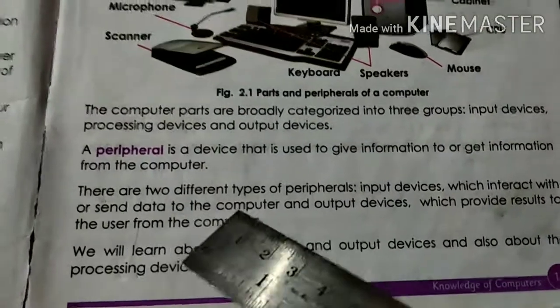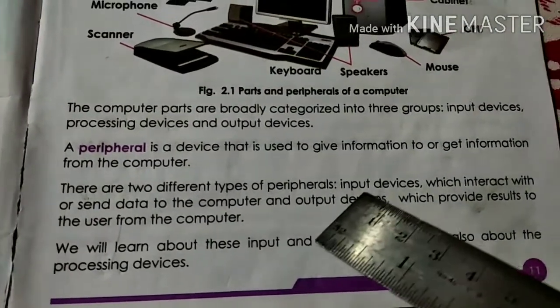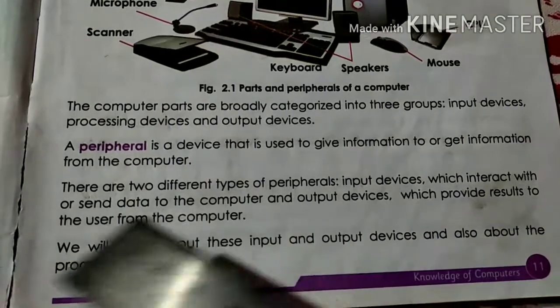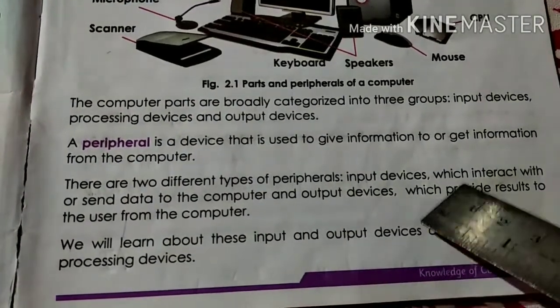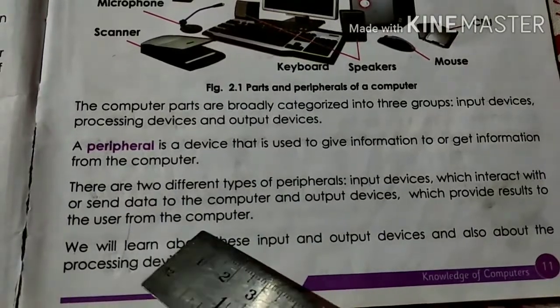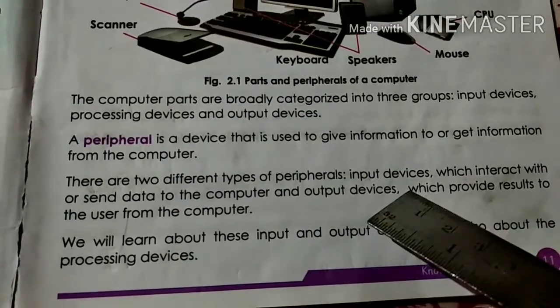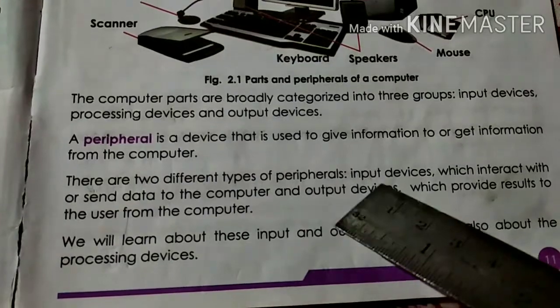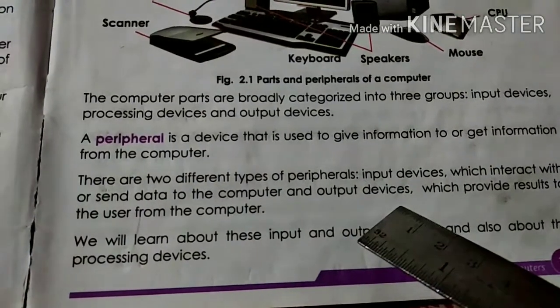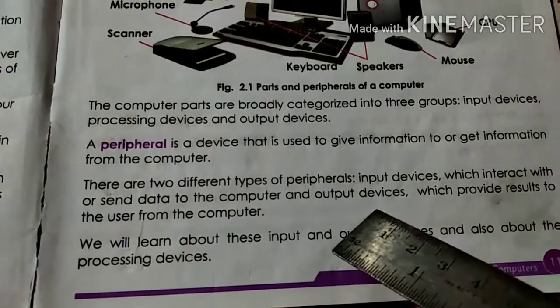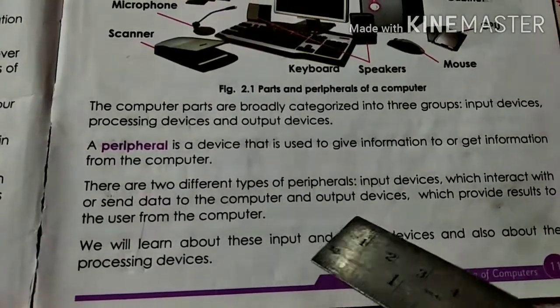There are two different types of peripherals. One is input devices, which interact or send data to the computer, and the other is output devices, which provide results to the user from the computer. With the help of input devices, we can give information or instructions to the computer, and with the help of output devices, we can see the result on the monitor.